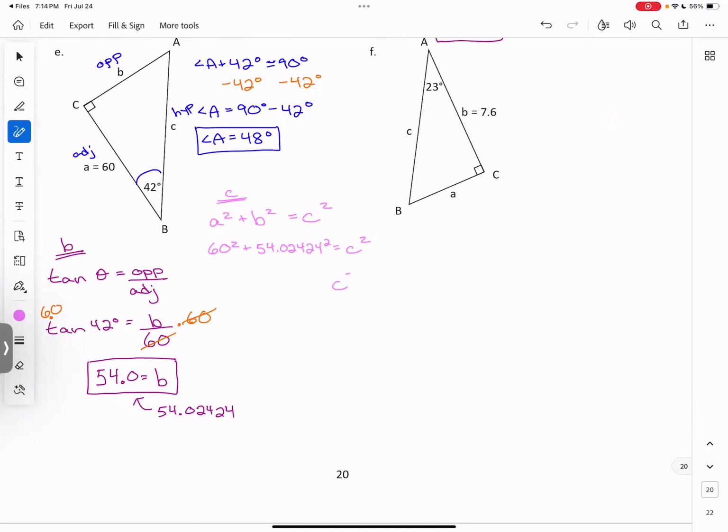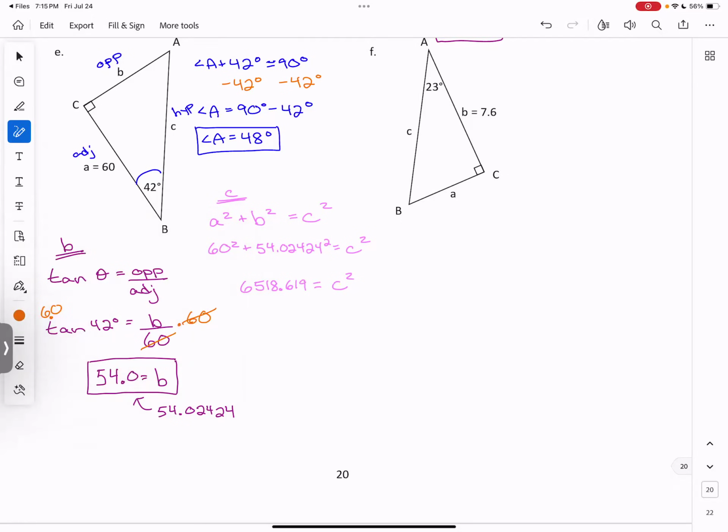So when we calculate that out, I'm going to use the entire number stored in my calculator. If you just use what's written there, you should get something very close. And so I get 6,518.6187, and so on. I'll just round it to 619.